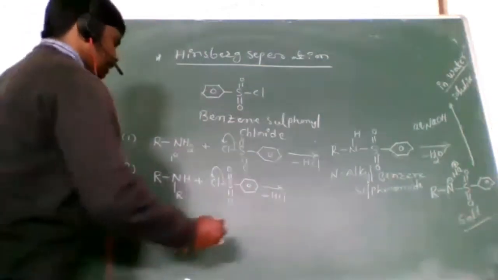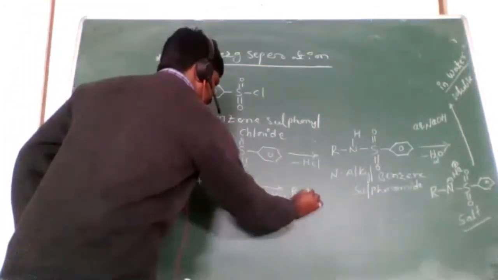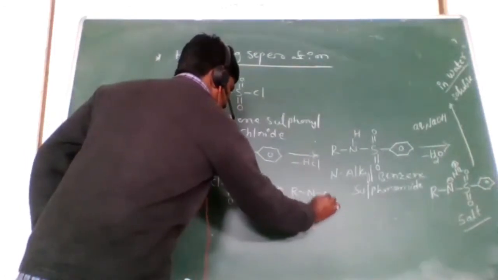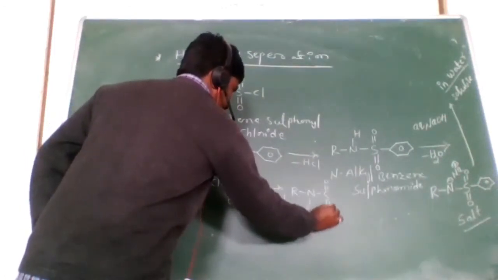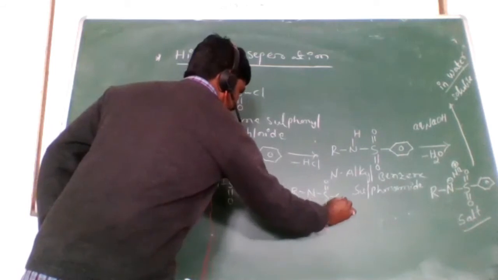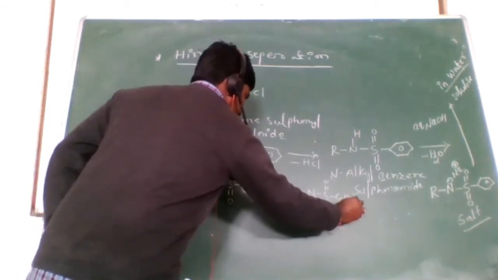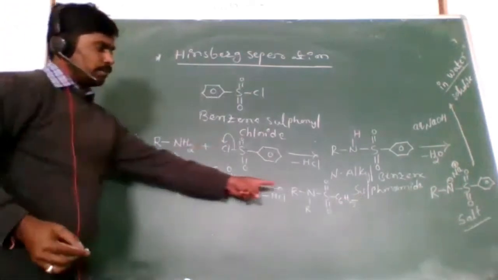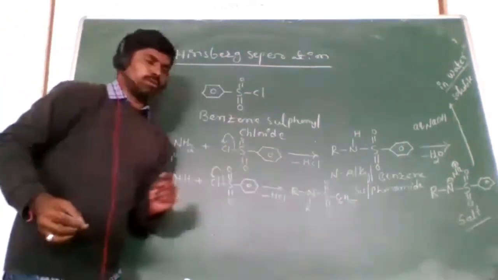So what will we get here? N,N-dialkyl, S double bond O, C6H5. No problem, right? This is benzene sulfonyl chloride product, the N,N-dialkyl benzene sulfonamide.